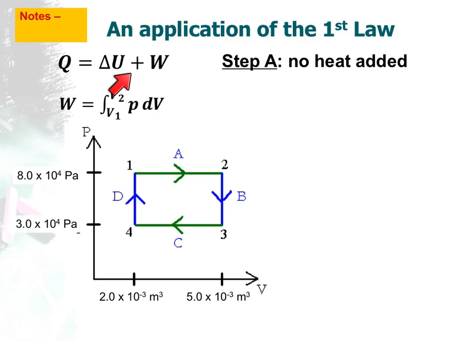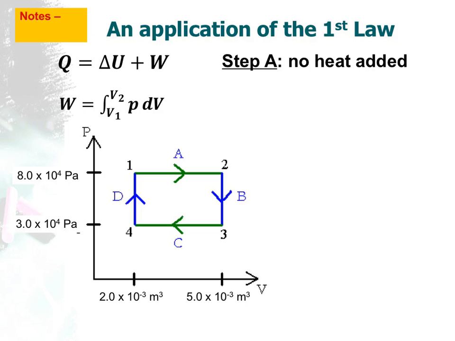Now, some of this stuff has to be given to me. Usually work can be calculated because we can find it from the pressure versus volume graph, but one of these other two values has to be given to me in order to figure out the other one.